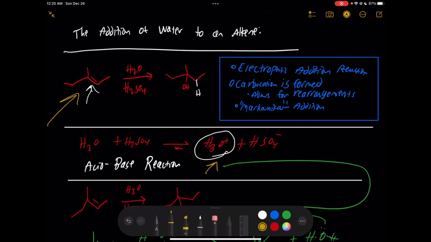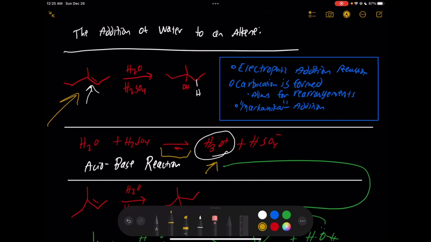Because it's a strong acid, it's a simple acid-base reaction. We can see from the equilibrium arrows here that it is strong to the right, or to the products, producing hydronium ion, right? And that's what happens, which I actually show in the mechanism because that is crucial.